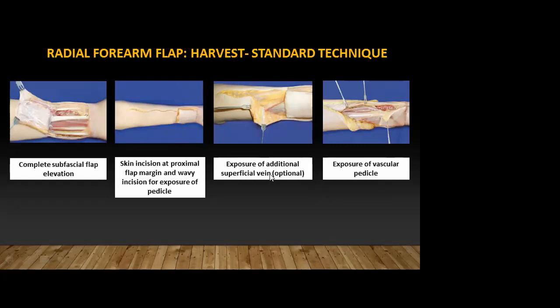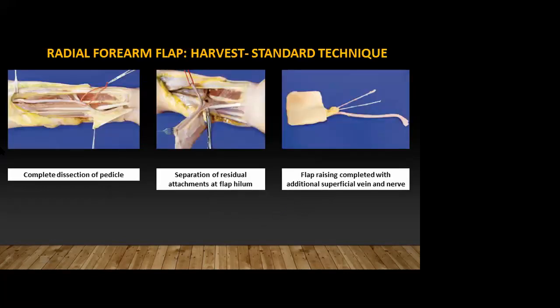After exposure of the additional superficial vein, we can either include the venae comitantes or the cephalic vein. The entire vascular pedicle is exposed, and after complete dissection of the pedicle, this is how we get the flap. The residual attachments to the flap are separated, and this is the end result. The flap is raised completely with a superficial vein and an artery.